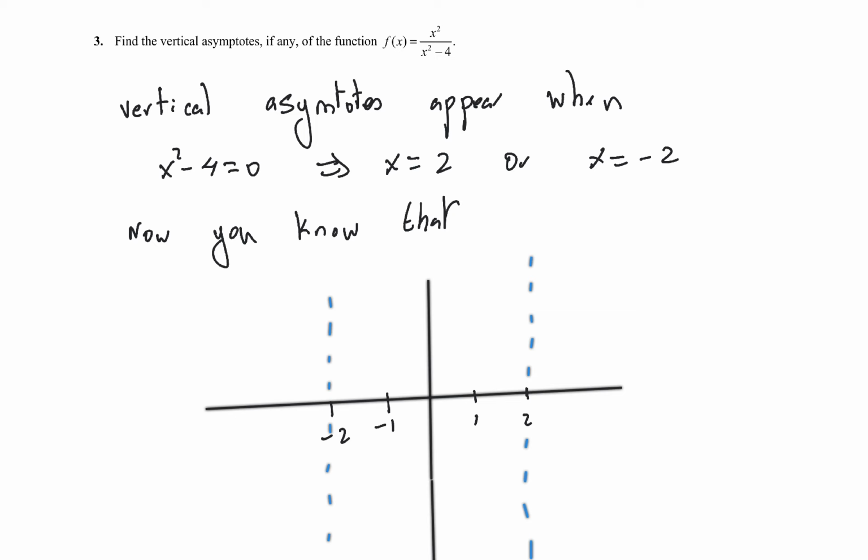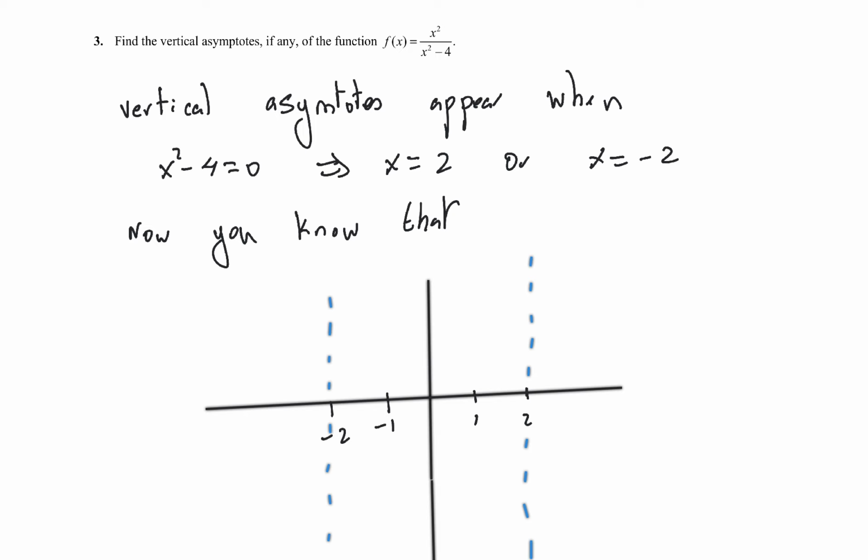Find the vertical asymptote of the function x squared divided by x squared minus 4. Well, we have to be careful about this, because the asymptote doesn't always take place. It can take place when the denominator is 0.